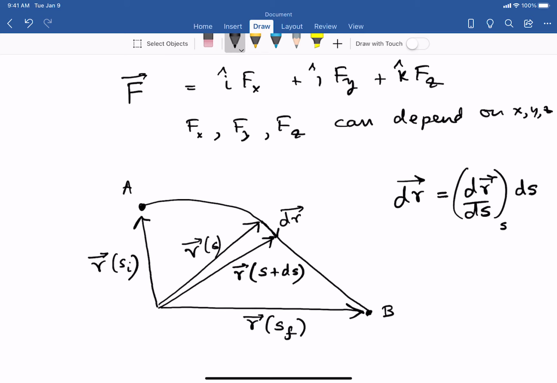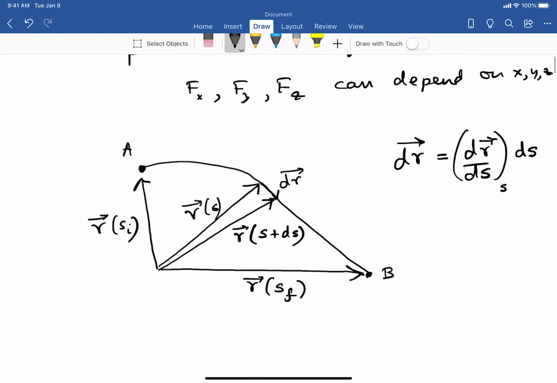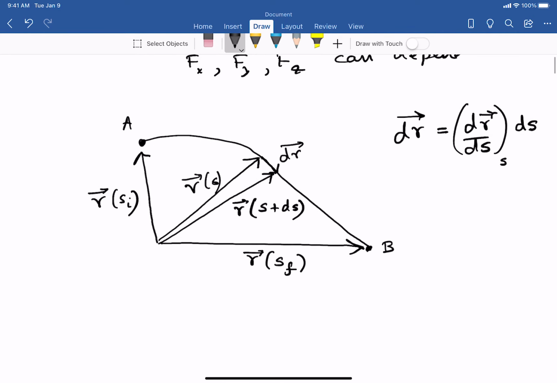So dr is equal to the derivative of r with respect to s multiplied by ds. All right. So now we can go ahead and calculate the work done. So let's calculate the work done over dr. It's just going to be F dot dr, right? Let's plug in the dr that we just got.